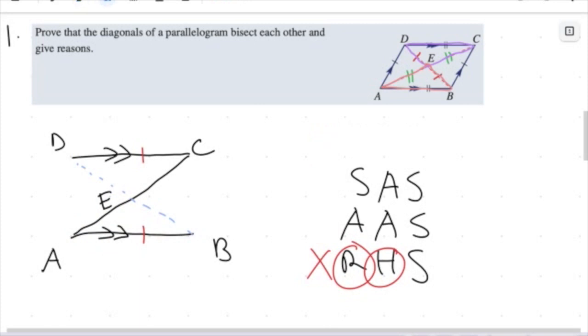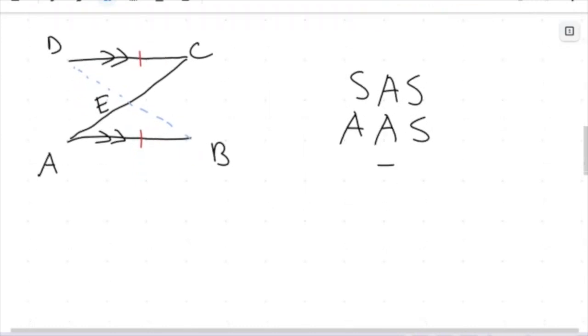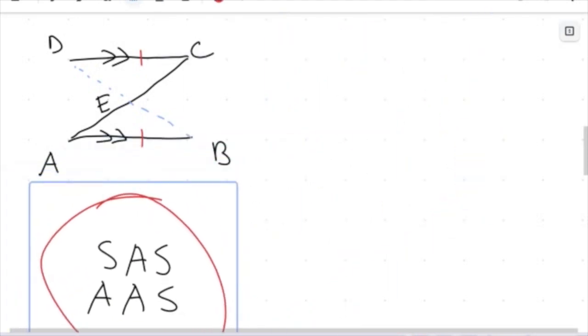So I can rule out both of these options. So I know now that the proof I'm going to use is either going to be side angle side or angle angle side. So let me pop this down the bottom here. And now I'm going to start writing my proof.